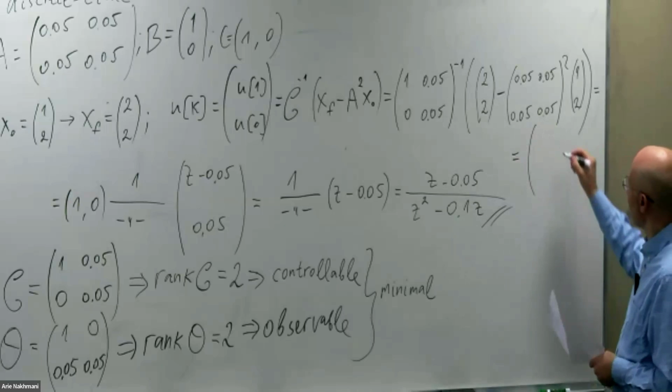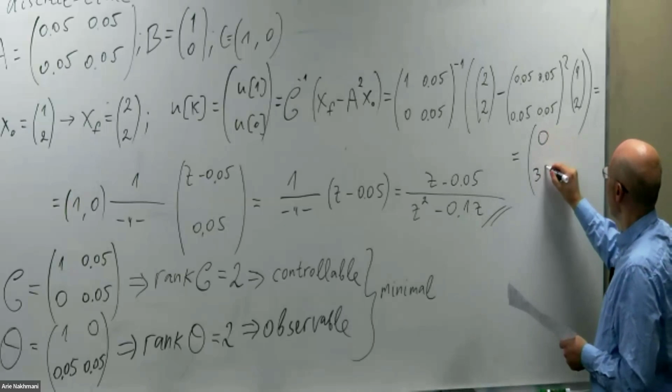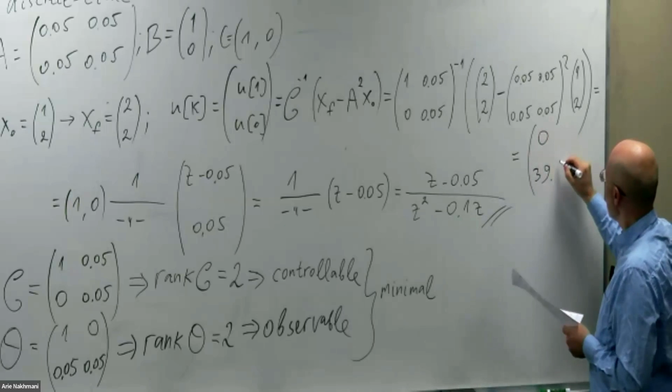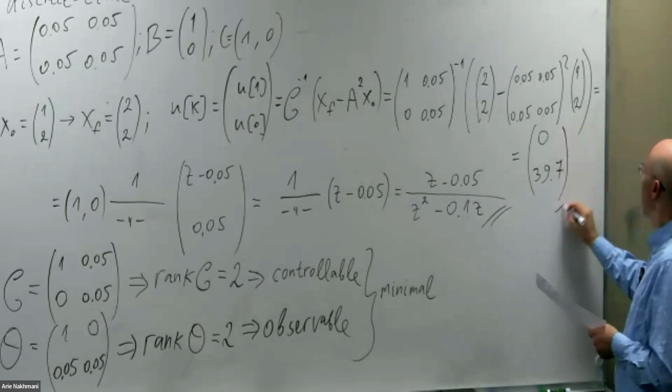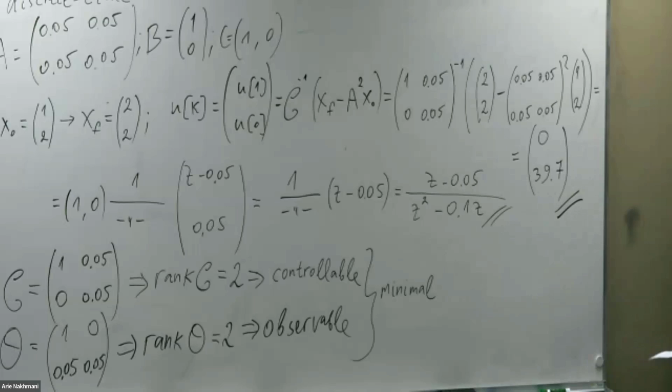And the answer is 0.39.7. Which means in the first step, which is time 0, you're giving it input 39.7. At the second input, you're just giving it 0.